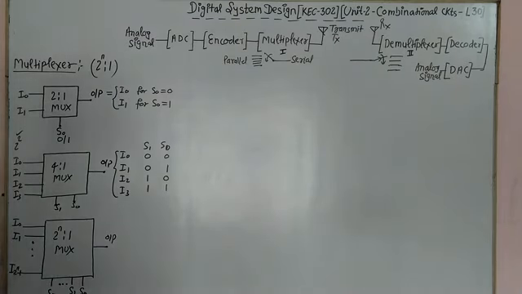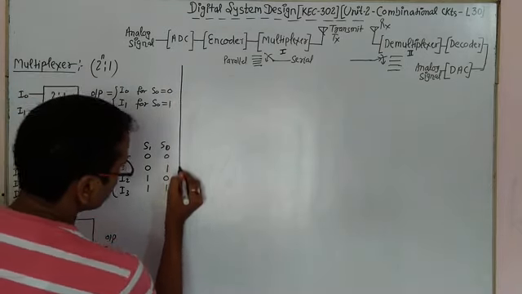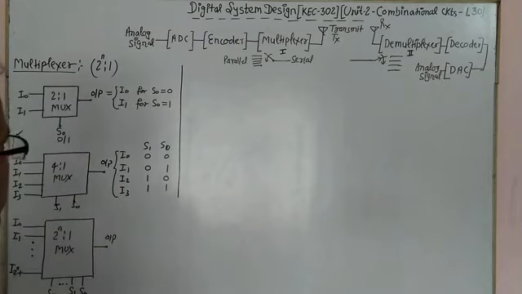Now we will try to design this 4 cross 1, or 8 cross 1, or maybe 16 cross 1 multiplexer. You can learn here how we are going to design.